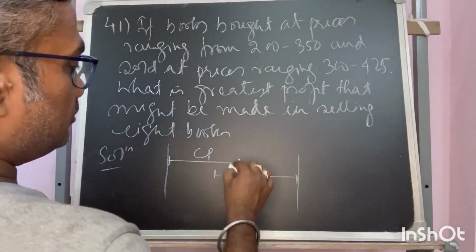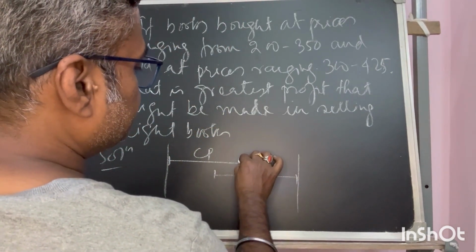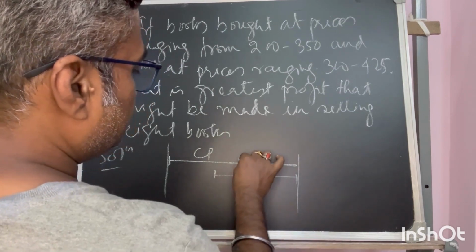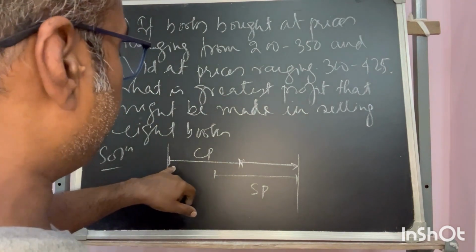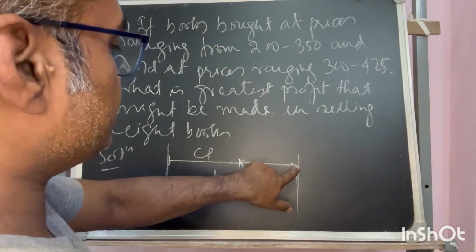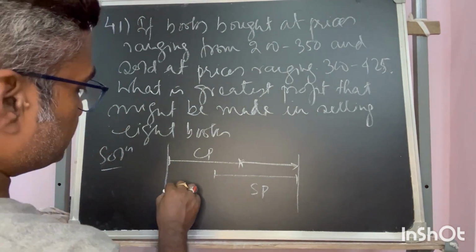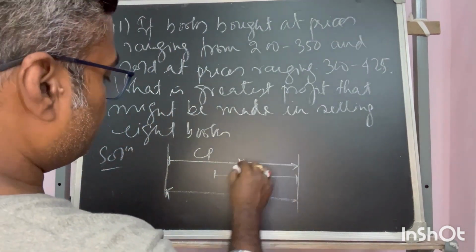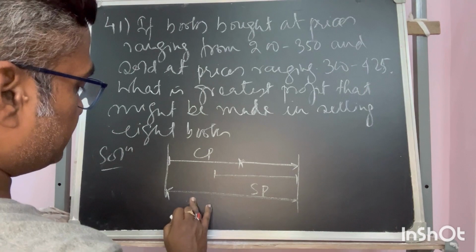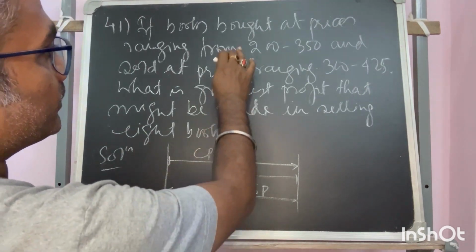So I know the thing is maximum when we are talking about the extreme values. That means this is one range and this could be another range. Okay, so in that, the profit could be, let's say, how much?